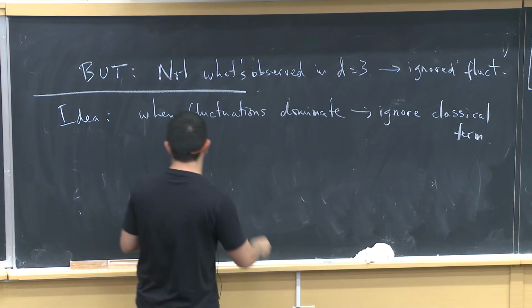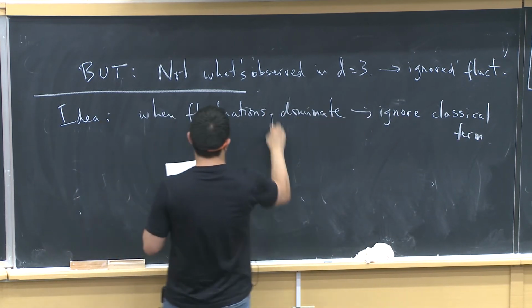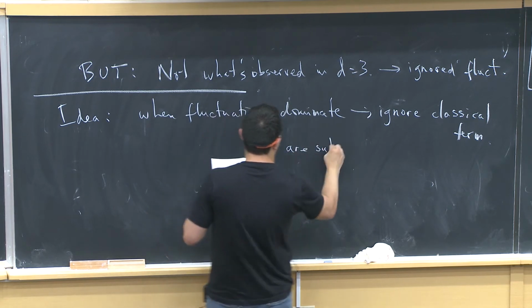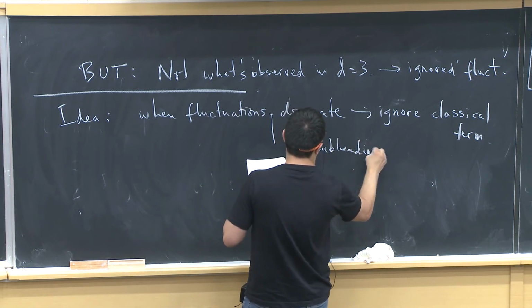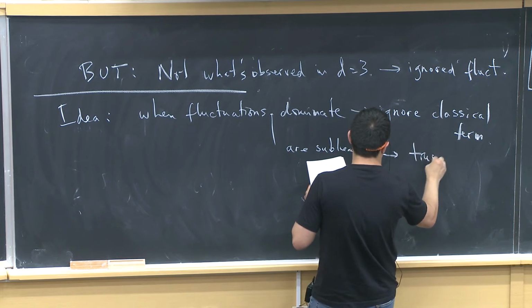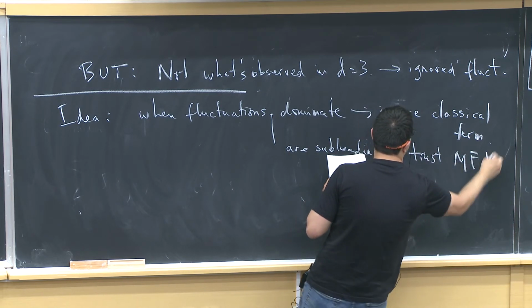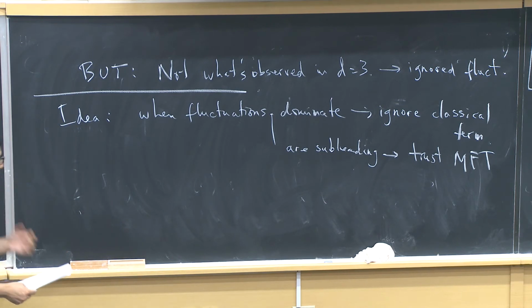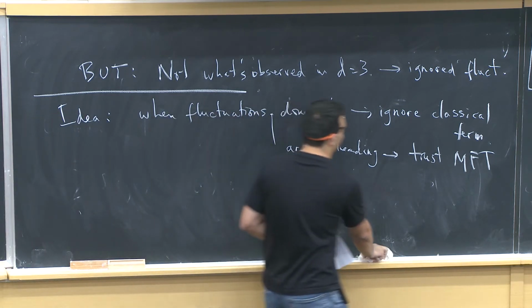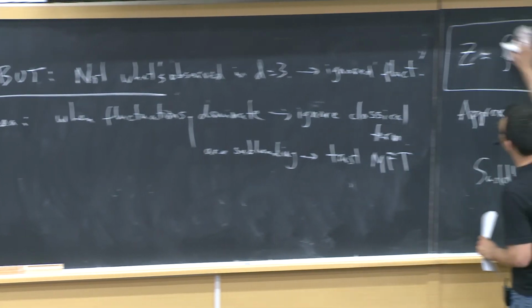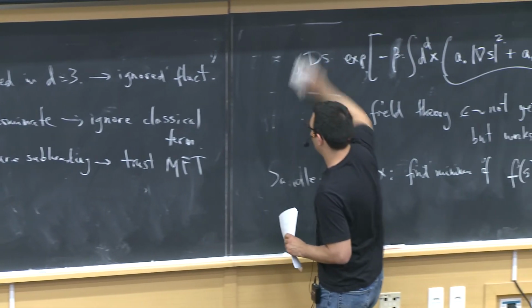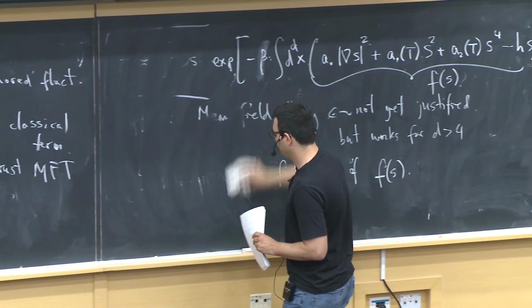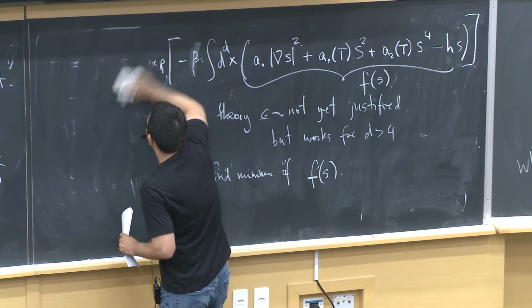And when fluctuations are subleading, then we trust mean field theory. So we should just study the theory of the fluctuations and see when they're subleading to the mean field theory exponents.